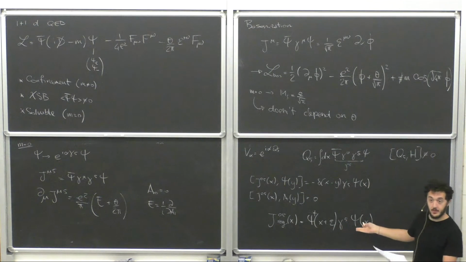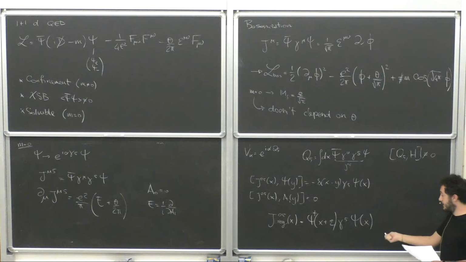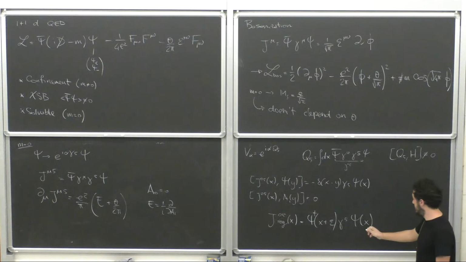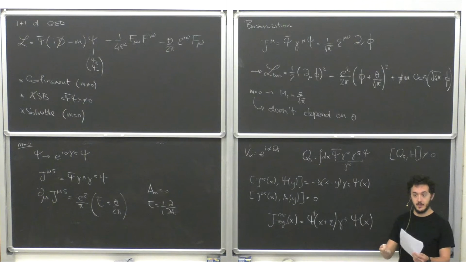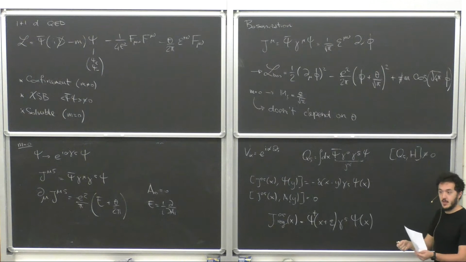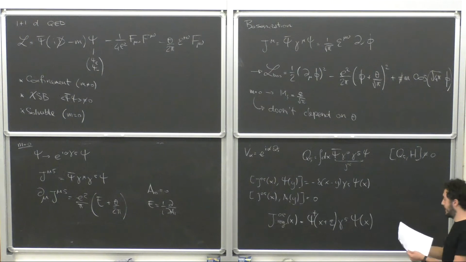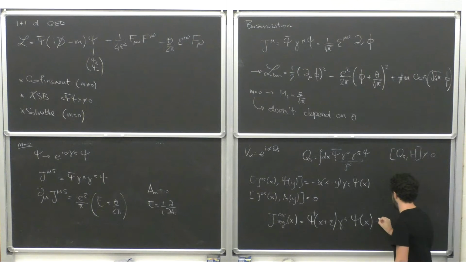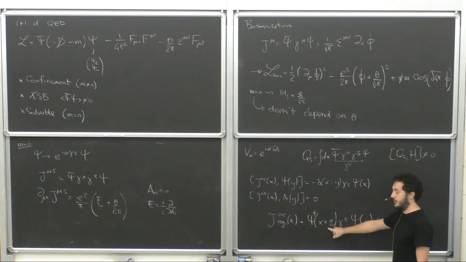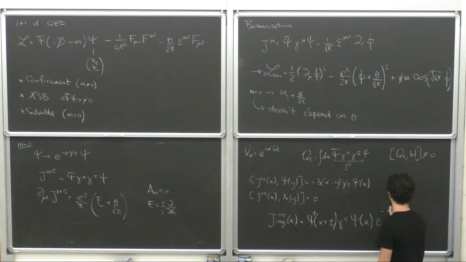This way I'm making the theory finite, but it's not gauge invariant anymore, because these fermionic fields live at different space points, so a gauge transformation will act differently on them. To make this gauge invariant, I also need to add a small Wilson line that goes from this point to this point.